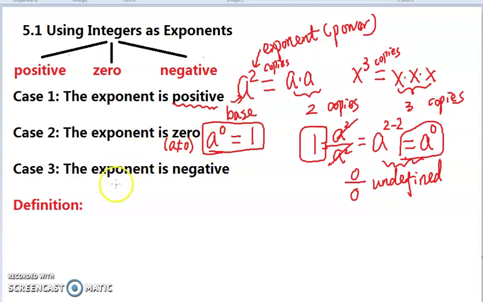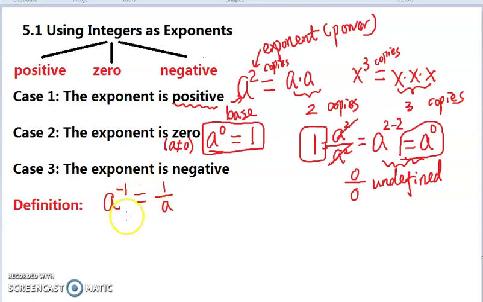Now we can look at the third case, when the exponent is negative. A to the negative power. For example, a to negative 1. What does it mean? It means 1 over a.